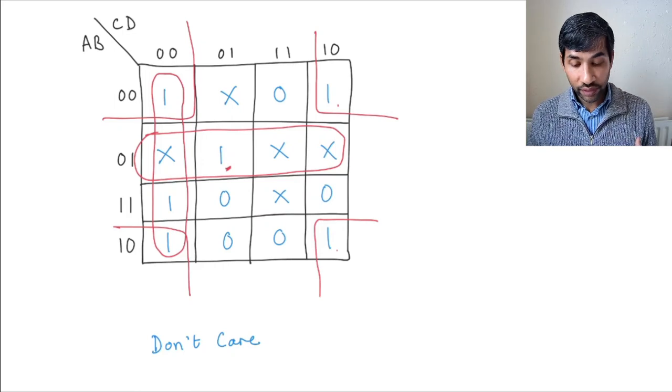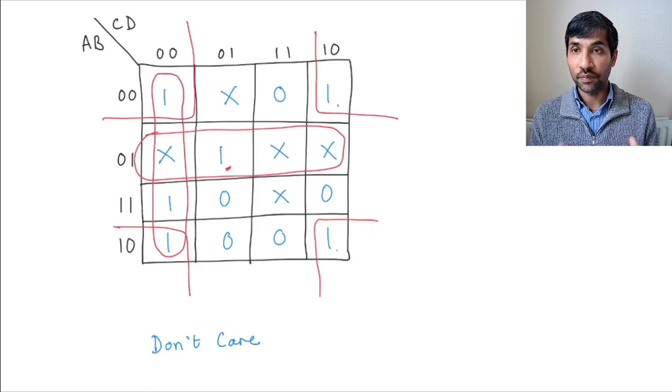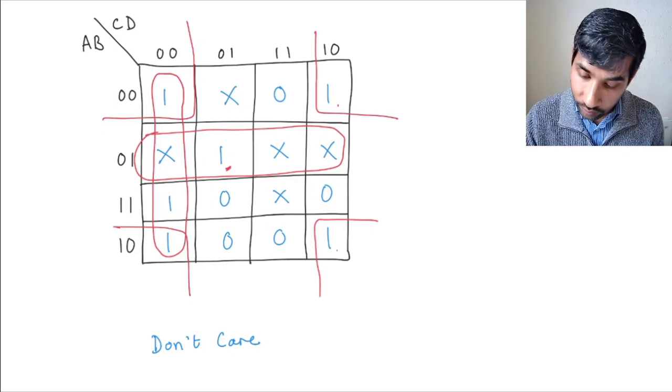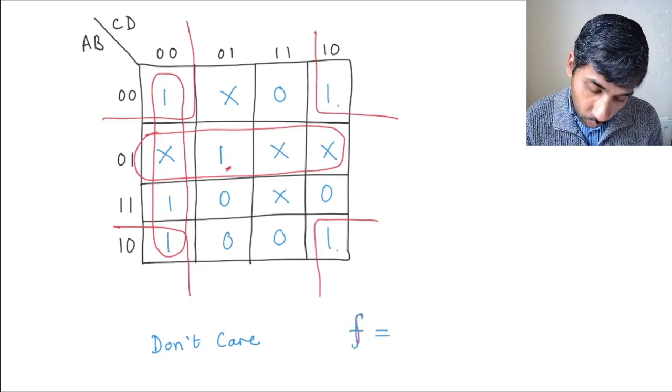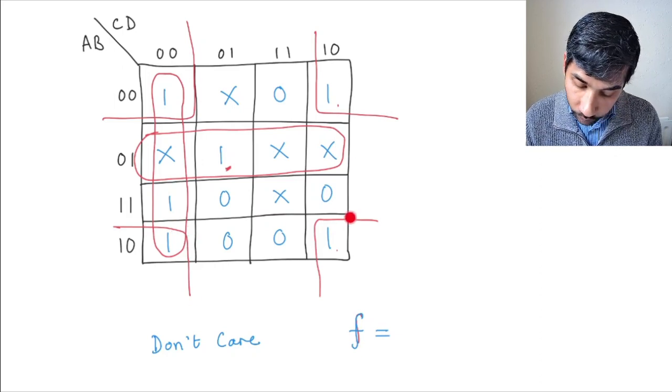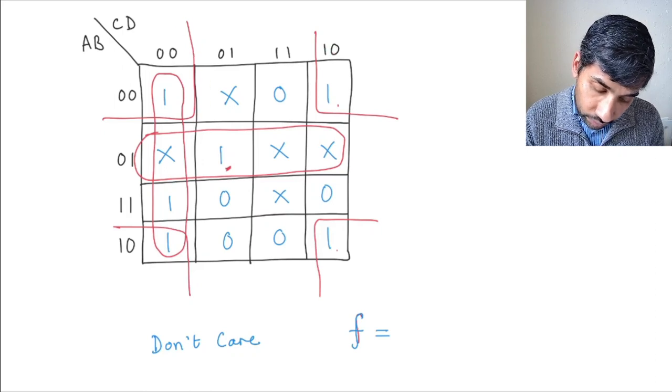And so now we have three terms in our output. So let's write those terms. So you'll have F, let me write it in blue. So you have F equal to what? If you look at this outside grouping, you can see that between these two rows, D remains constant while C is changing, so C disappears.